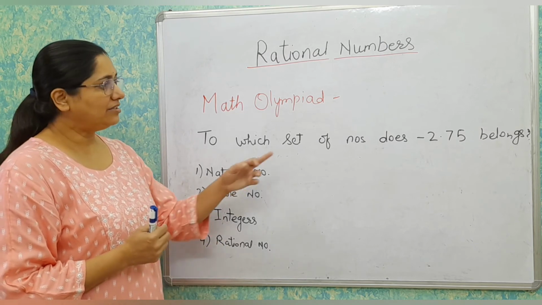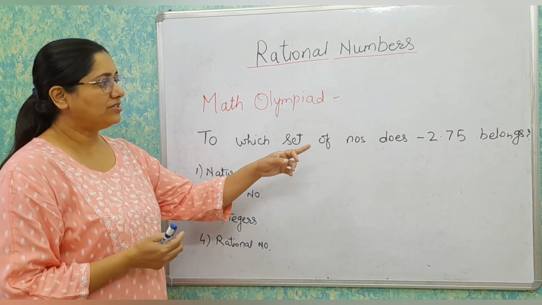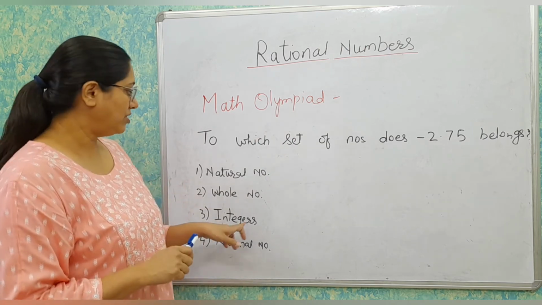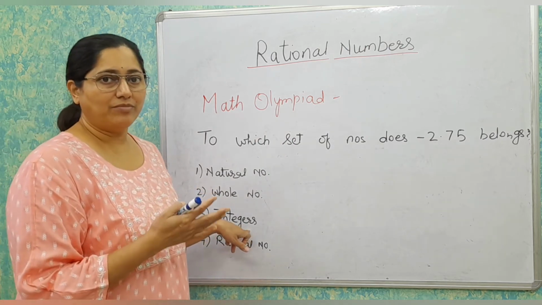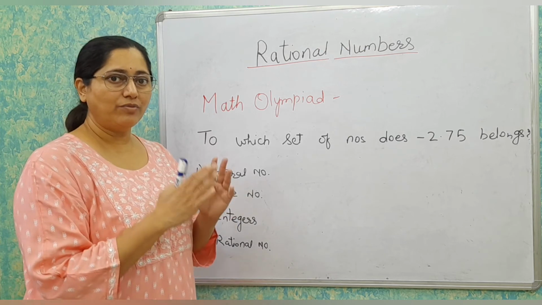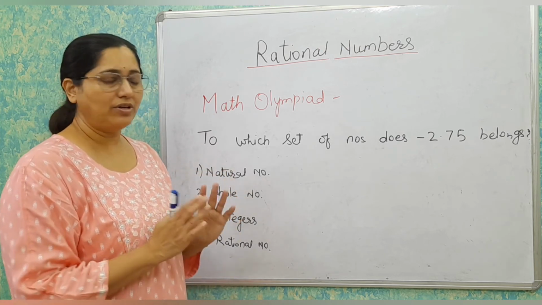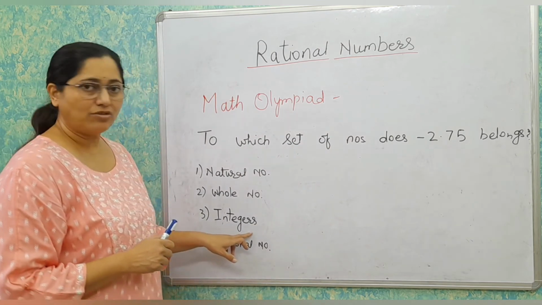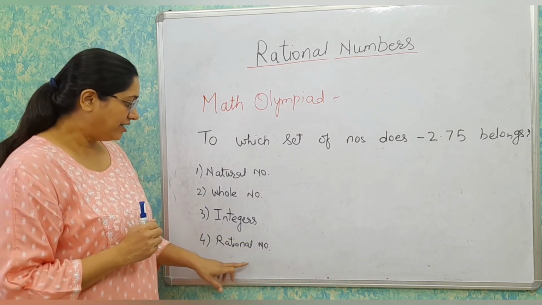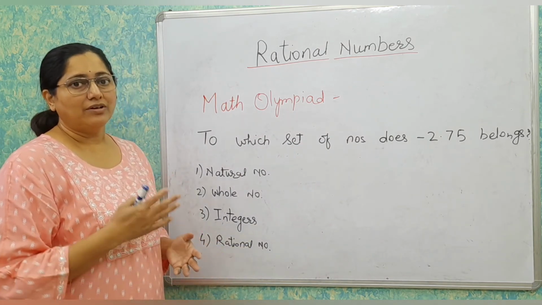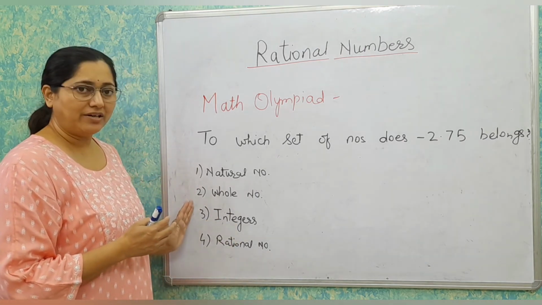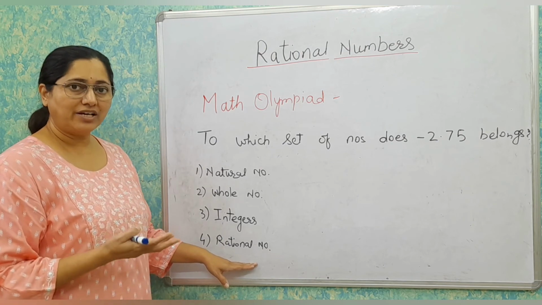You may think that this number may be an integer because it is a negative number, but still it is not possible because integers are whole numbers, positive, negative along with 0, but whole numbers. But this one is a decimal number, so integer is also a wrong answer. And the last one, as per our odd one out rule, when all three of them are incorrect, the last one is the correct option.